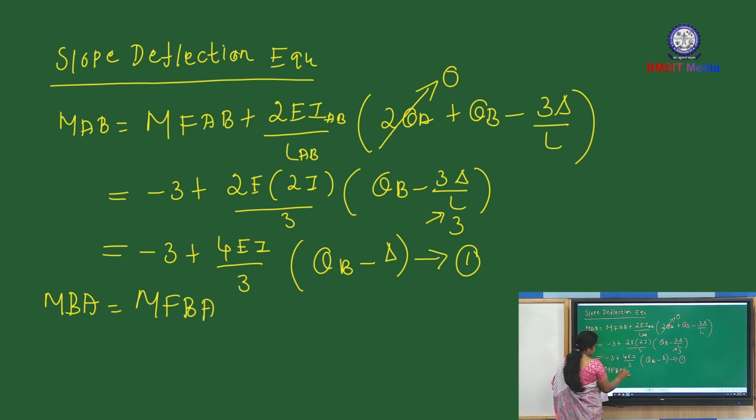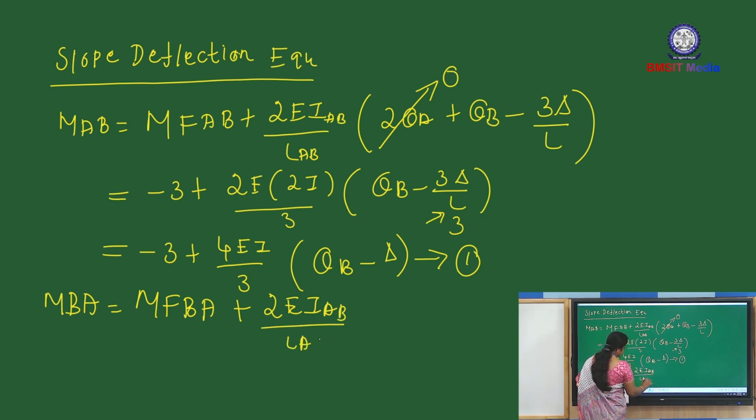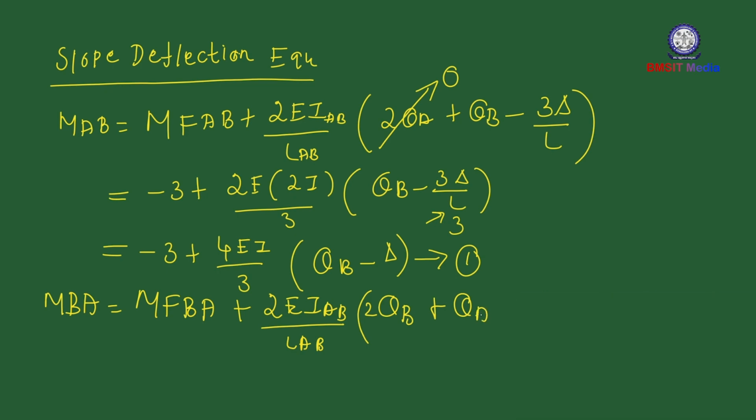Instead of AB we have to write BA, plus 2EI AB divided by LAB, here 2 theta B plus theta A minus 3 delta by L. So we know that this value equal to 2I, and this term becomes 0 because end A is the fixed support.